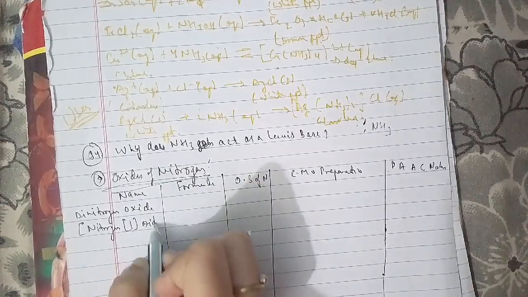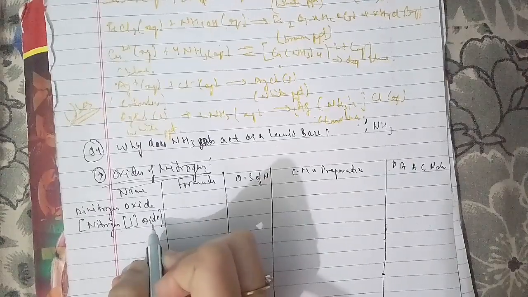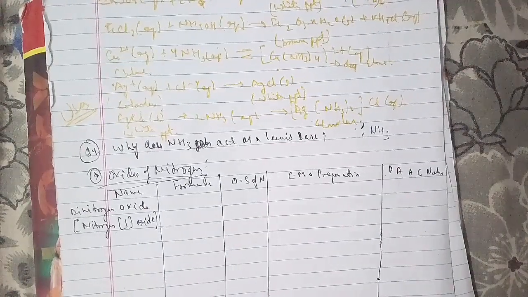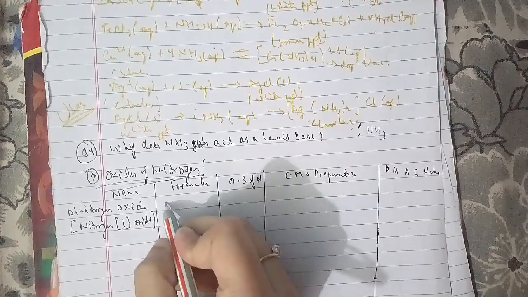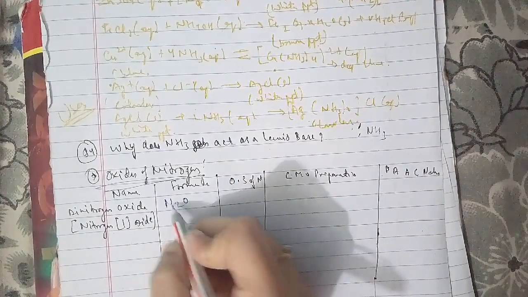The third one we'll talk about is dinitrogen trioxide, which is also an important one.